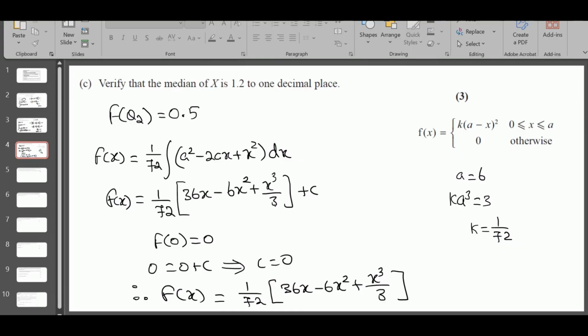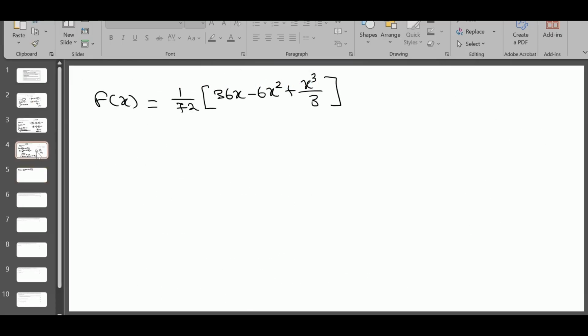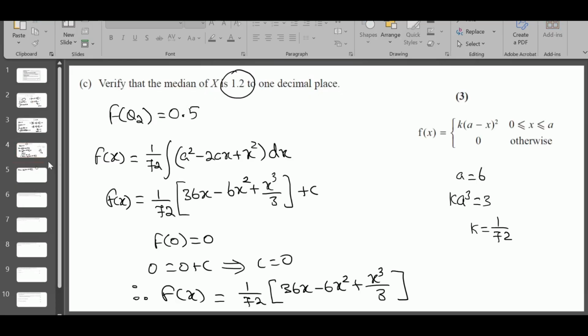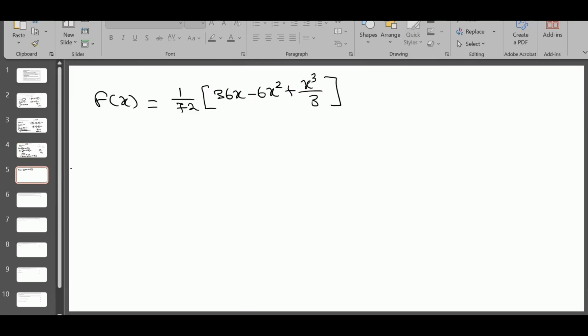Now we need to show that the median is 1.2. When they say the median is 1.2 to one decimal place, it can be 1.17, 1.18 or anything, right? We are not sure. It can be 1.21 also. So this is where we need to use the lower bound and upper bound to sub into F of x. Okay, I put the function here. They want us to prove the median Q2 is 1.2, right?